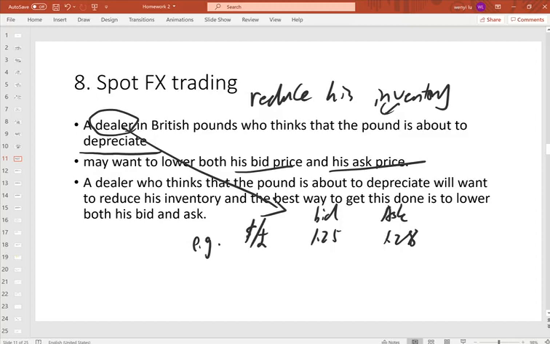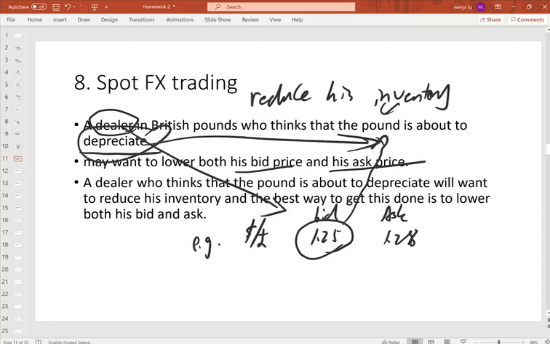For example, the market is willing to buy one pound using $1.25. But this dealer thinks the pound will depreciate, so he's not willing to buy this pound at that price. He is only willing to pay fewer dollars to buy this pound, for example 1.23.